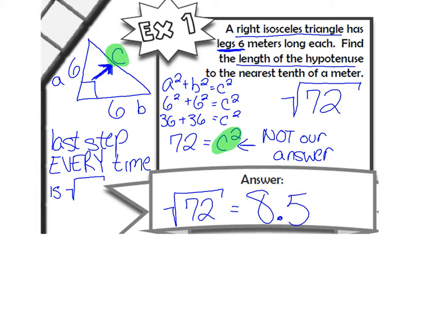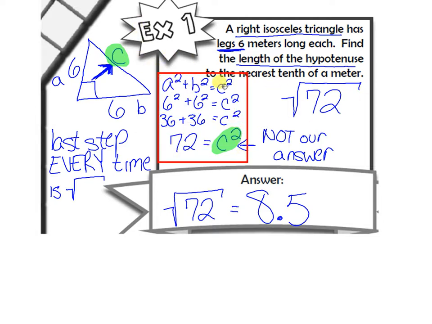So what we're going to do now is we're going to close this video, and attached to today's lesson on my webpage are some task cards. And questions number 1 through question 10 are questions just like this. It gives you A and B, and it asks you to find C. As you're working out these problems, I want to see your work just like this.